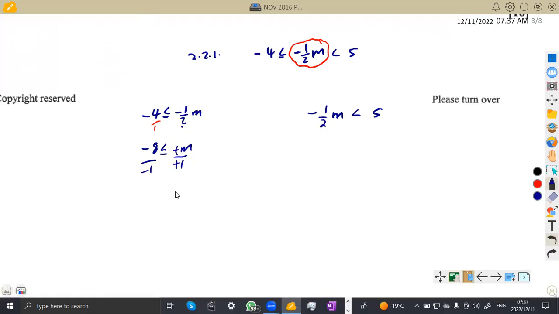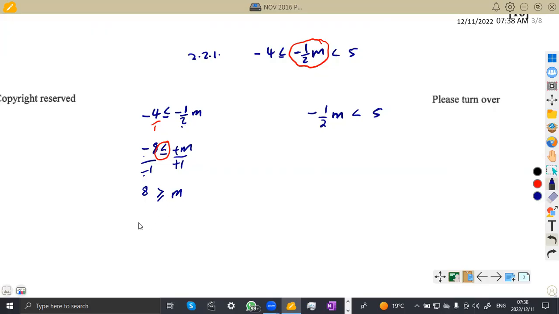But knowing that the moment you divide by a negative, the inequality sign reverses. So it is going to be opposite like that. And negative times negative 8 is a positive 8. So m is less than or equal to 8, or 8 is greater than or equal to m. That is what it means in terms of m.